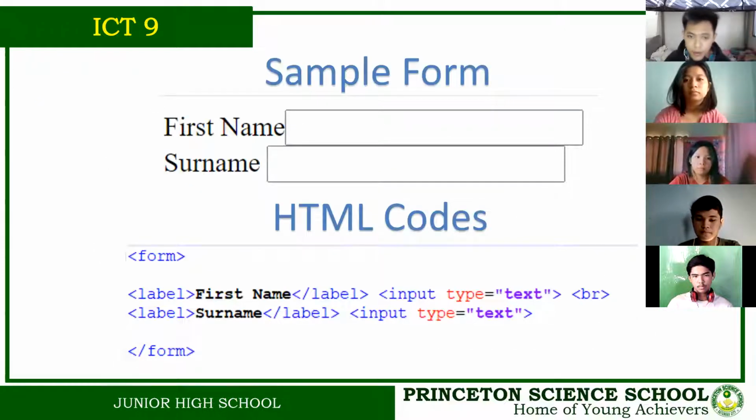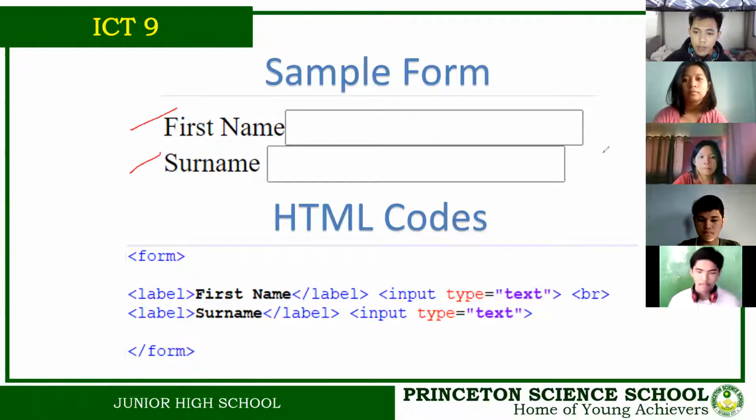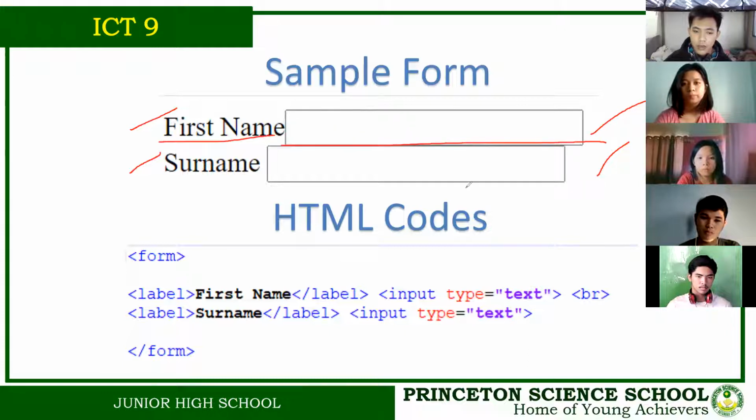Okay, sample form. This is an example form for our gathering of data. Here we have a first name and a surname, and both of them have their respective text field. This is the label and then this is the text field.